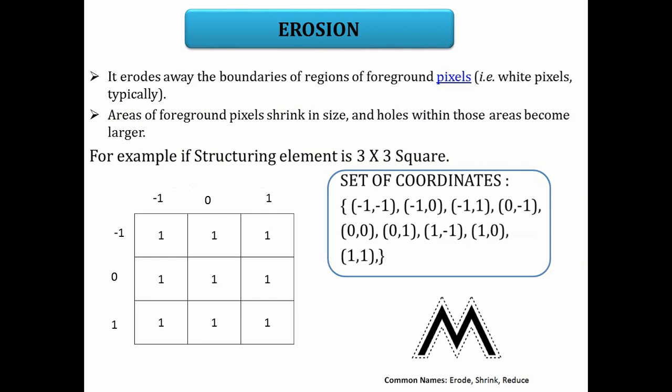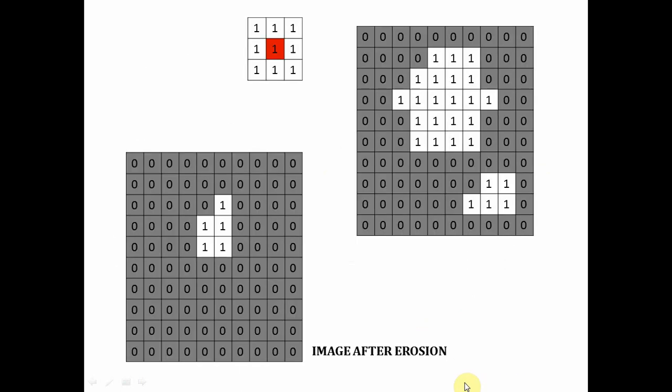Again, we are considering the same 3 by 3 square. In this 3 by 3 square we have a set of coordinates. By using these coordinates we can target the input pixel. We are considering two inputs again, the same structuring element as well as the binary image. Erosion is also known as shrinking of an image, to reduce the size of an image. If you look at the input image, you will find the output image has been shrunk.